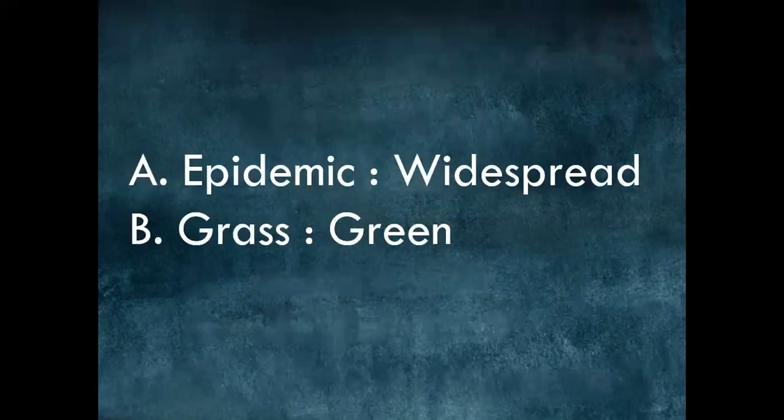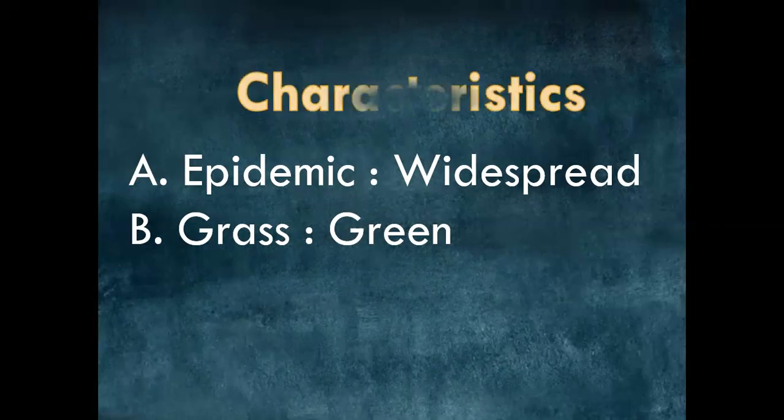Another one. Can you tell me what is the analogy or relationship of these words? Epidemic is to widespread, grass is to green. Yes, you are correct. This analogy is to show characteristics.